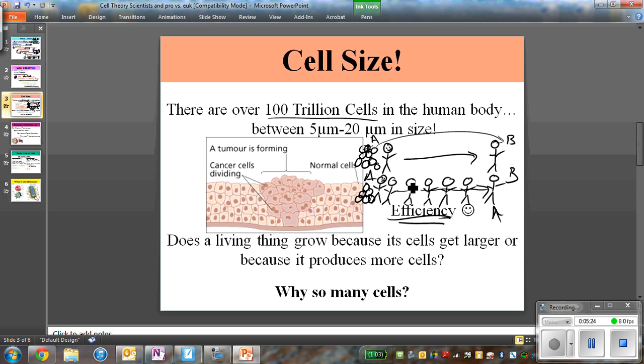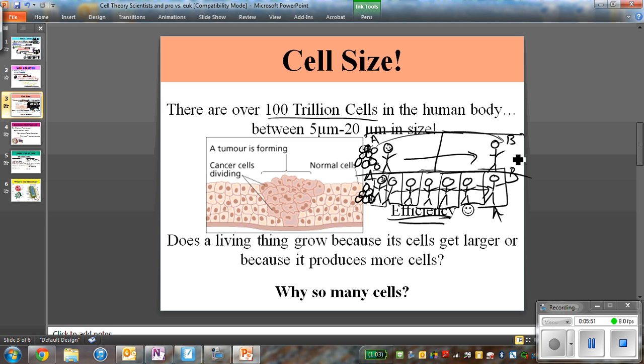If your cells are all very small and right next to each other, they can pass messages along very quickly. One cell can move a signal through your body extremely quickly. If your cells were gigantic, like big blobs of organelles, then a signal would take an extremely long time to get from one cell to another.